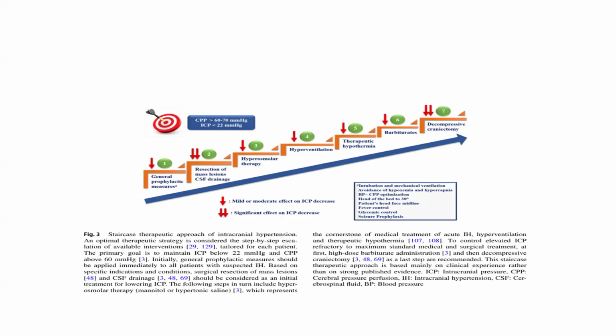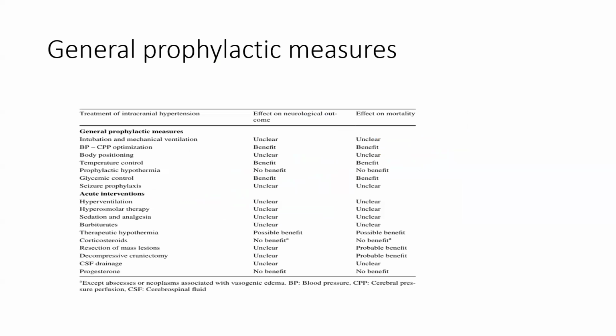So the first step is the general prophylactic measures. Then the second is resection of mass lesion, CSF drainage, hyperosmolar therapy, hyperventilation, therapeutic hypothermia, barbiturates, and decompressive craniectomy. General prophylactic measures are intubation, mechanical ventilation, BP and CPP optimization, body positioning, temperature control, prophylactic hypothermia, glycemic control, and seizure prophylaxis.